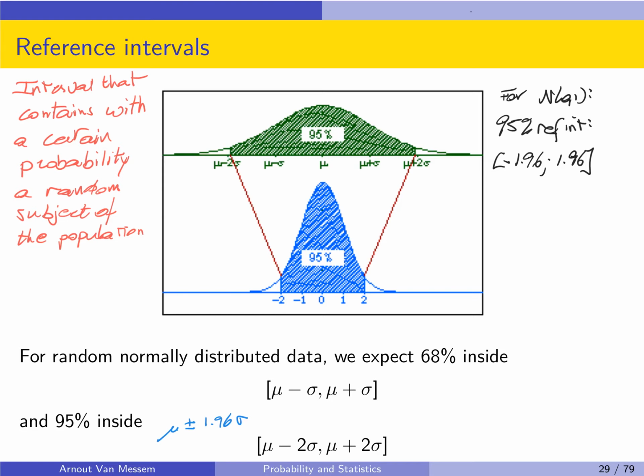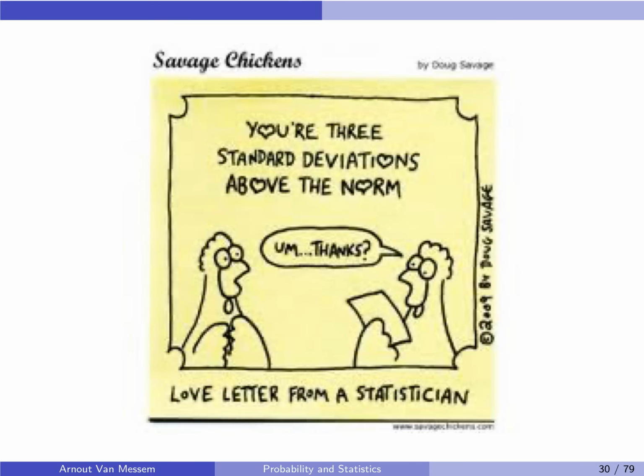So here we have 1.96 times the standard deviation, which determines the width of the interval. Often the value here is rounded to 2, so we say that 95% lies within the interval mu plus or minus 2 times sigma. Furthermore, it can be shown that 68% of the data lies inside the interval mu plus or minus 1 times sigma, and 99% lies in the interval mu plus or minus 3 times sigma. This is called the 68, 95, 99% rule.